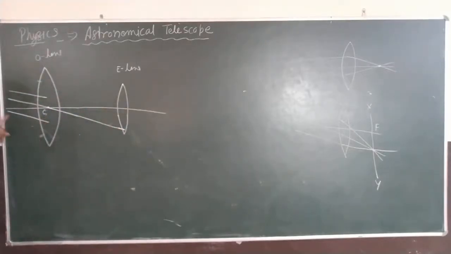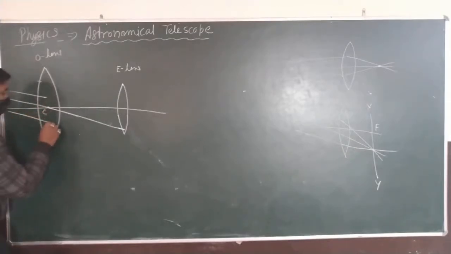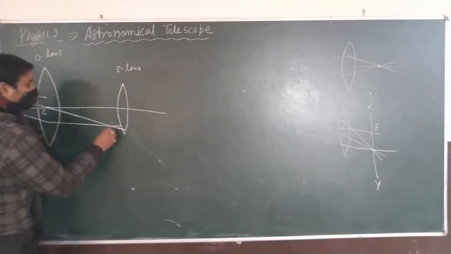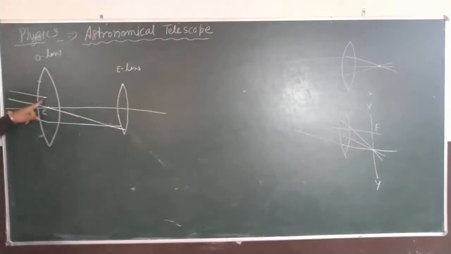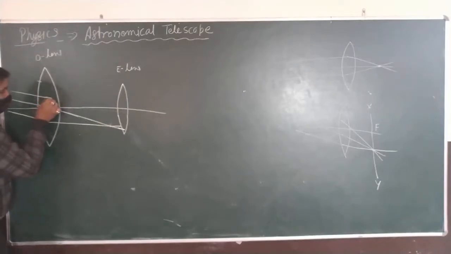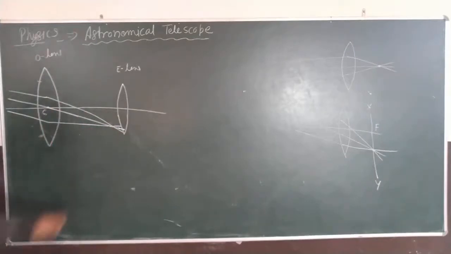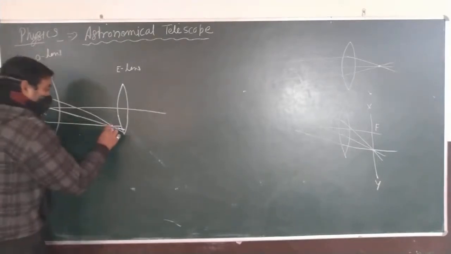The second ray, which is not passing through the optical center but is parallel to the others, after refraction intersects at this point. And the third ray, which is coming parallel to the others, after refraction passes through the same point. So this is the point of intersection of all three rays which are coming parallel to each other to the objective lens of the telescope.